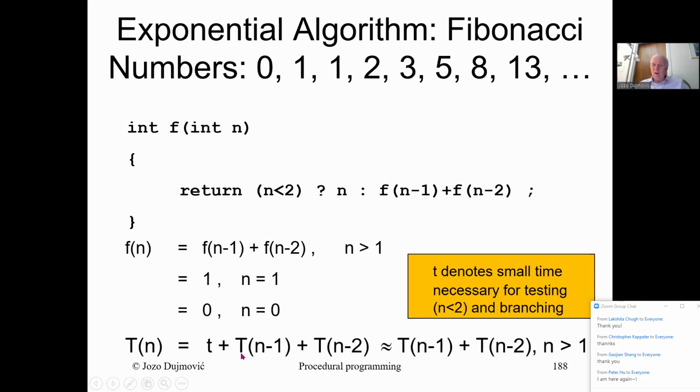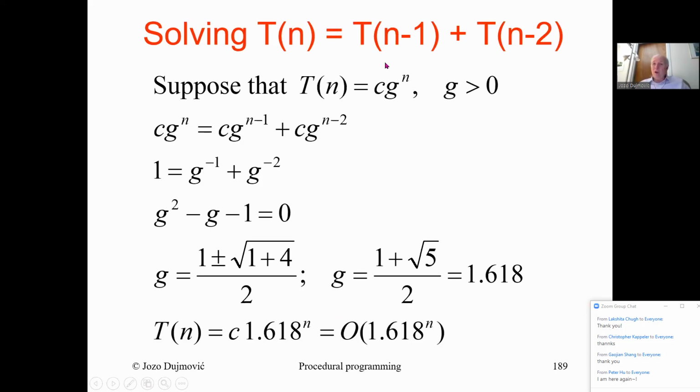So we have that approximately t of n is t of n minus 1 plus t of n minus 2. When you take this functional equation and solve it by inserting two constants, c times g to the n, you get that g is 1.6. So t of n is O of 1.6 to the n. It is not 2 to the n, but is equally bad.